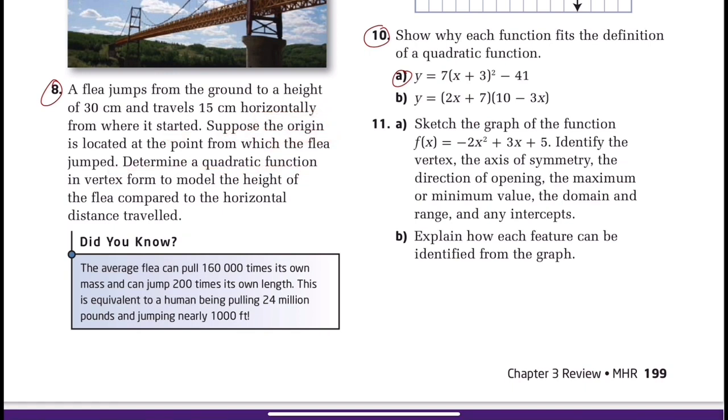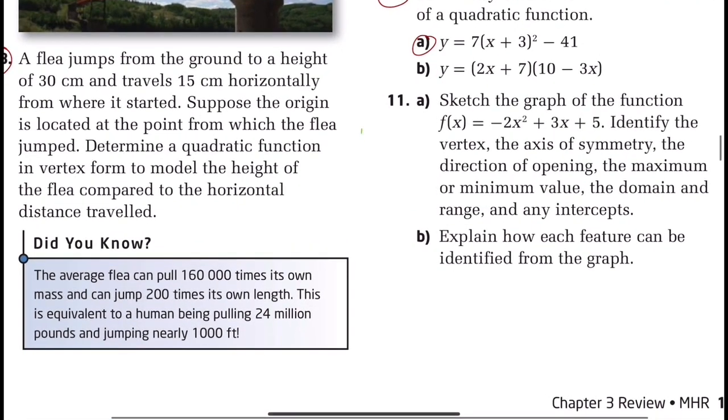So the first thing we need to do is to draw our function. My x-axis will be like this, my y-axis will be like this. Because they are telling me to suppose the origin, my origin here is 0, 0, the starting point where the flea starts jumping.